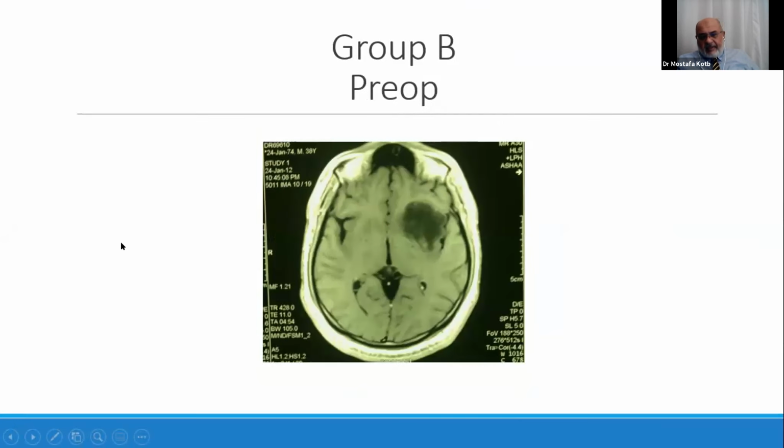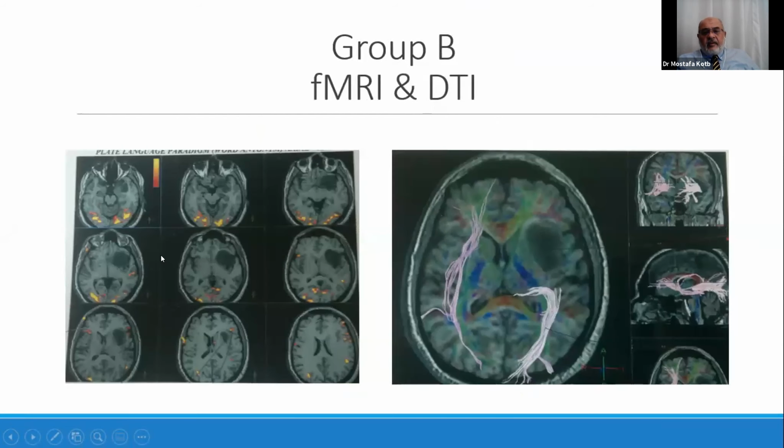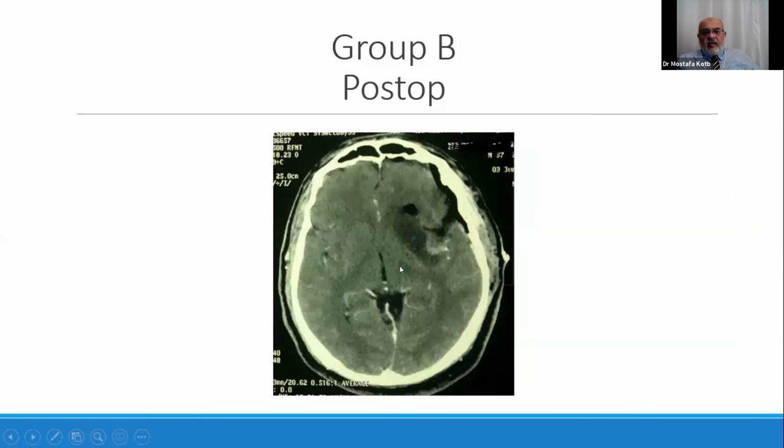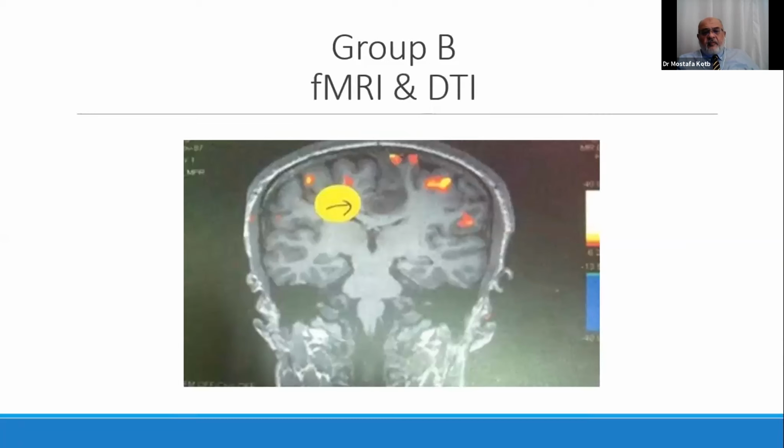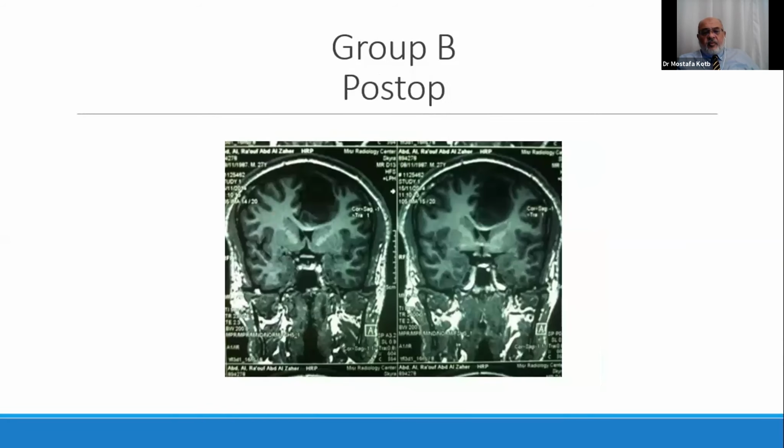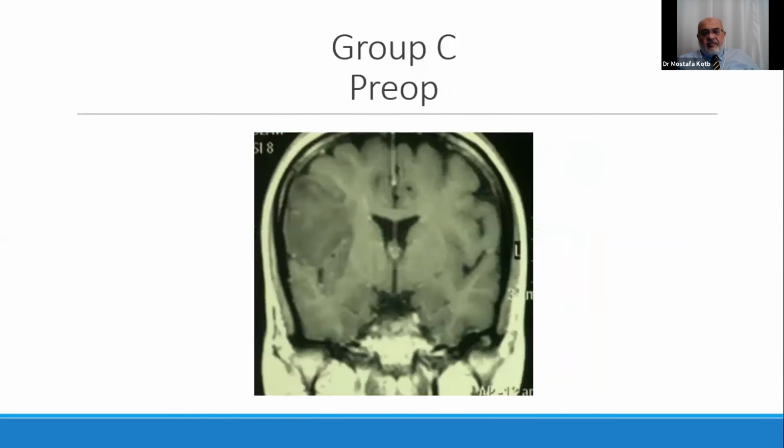For group B under general anesthesia, this is the tumor, and this is the functional MRI, and the patient was operated upon under general anesthesia, and this is the resection of the tumor through a transcortical approach. This is another case for group B with functional MRI and post-operative imaging.